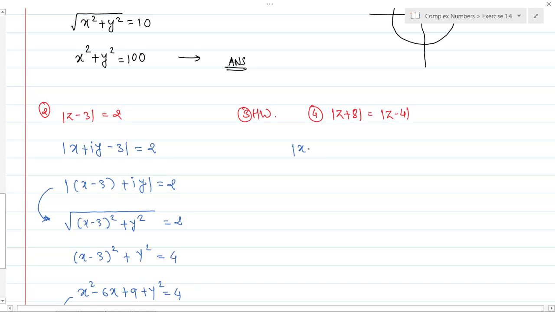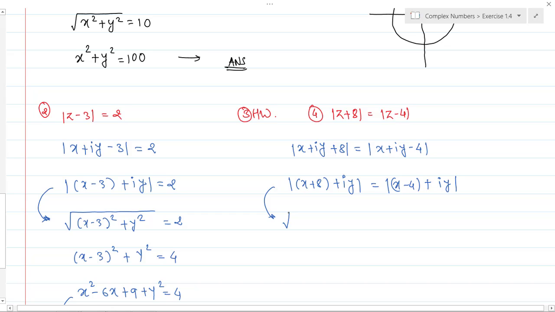Replace z by x plus iy. Mod of x plus iy plus 8 equals mod of x plus iy minus 4. Here x plus 8 is the real part, so x plus 8 plus iy equals x minus 4 plus iy. How do you remove the modulus? Take the mod values.